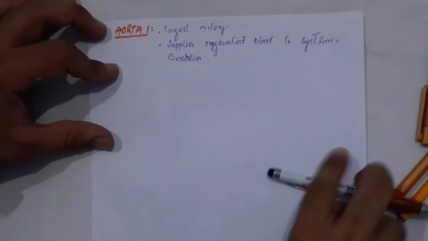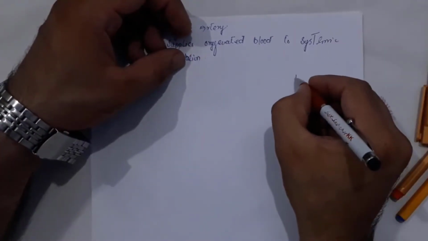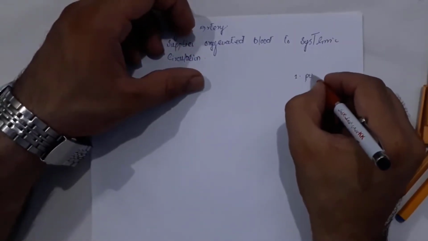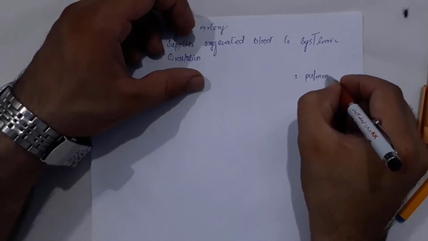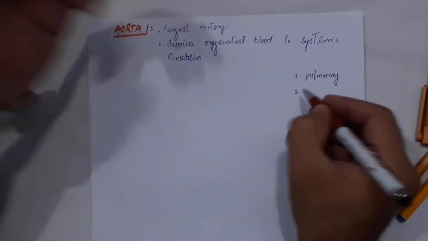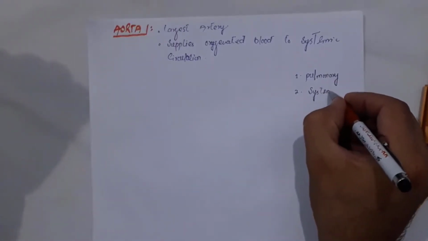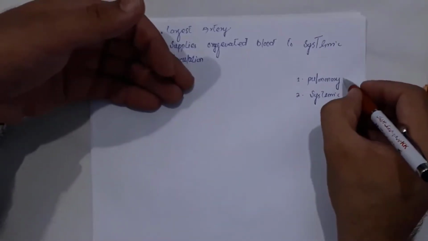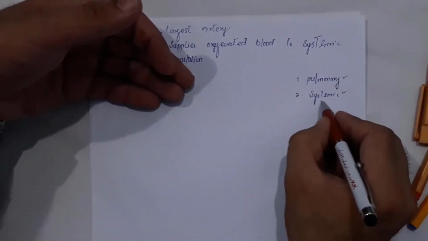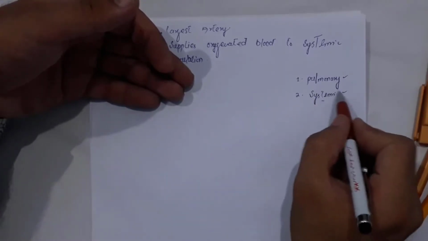As we know, in our body we have two types of circulations. The first one is the pulmonary circulation, which we know about. And the second one is the systemic circulation, the circulation which circulates the blood in all parts of the body.